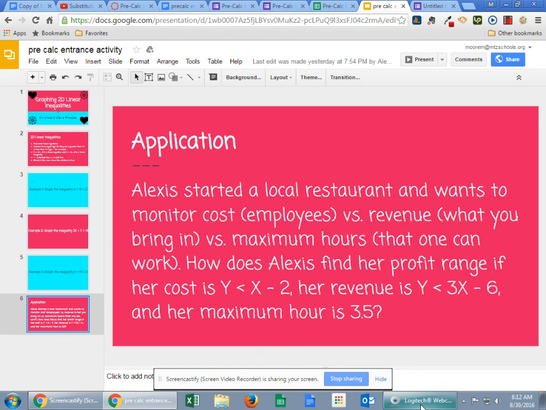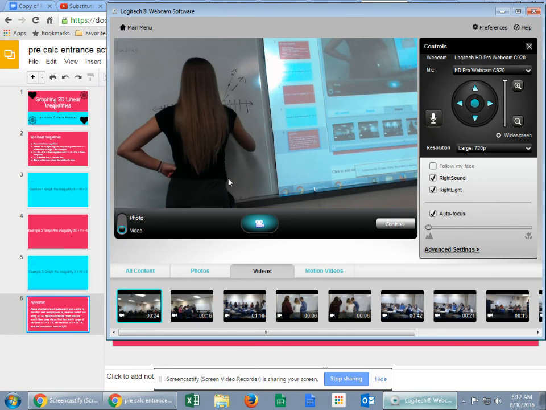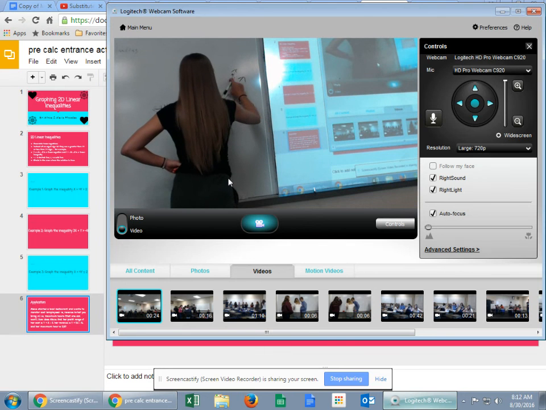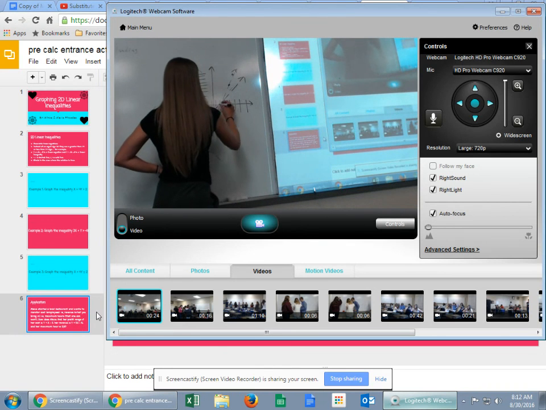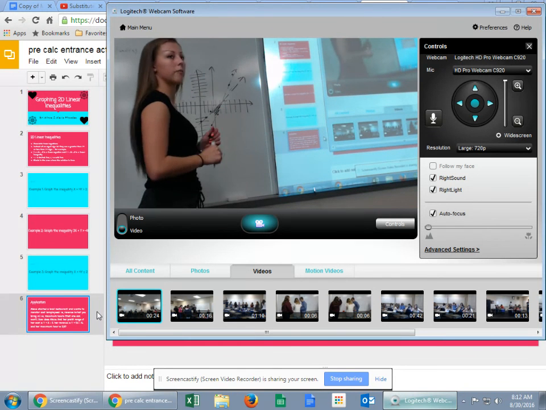And then if her maximum hours are 3.5, then you come over to 3.5 on the graph, and you have a line up and down. This one would be dashed since it's not greater than or equal to or less than or equal to.